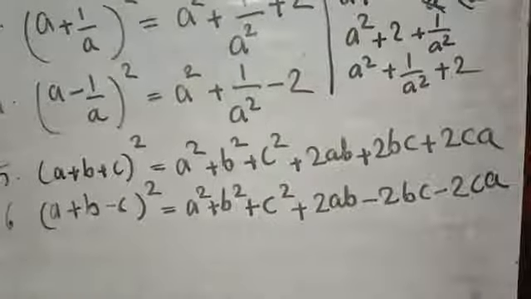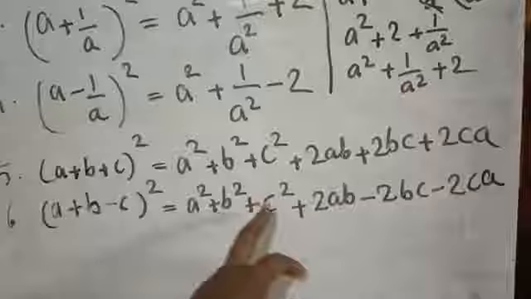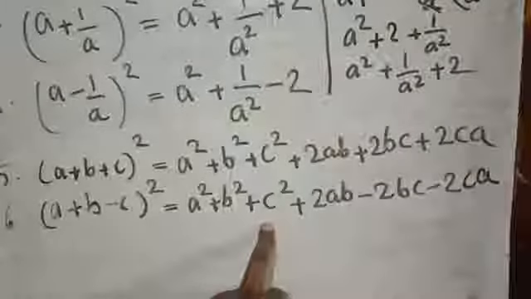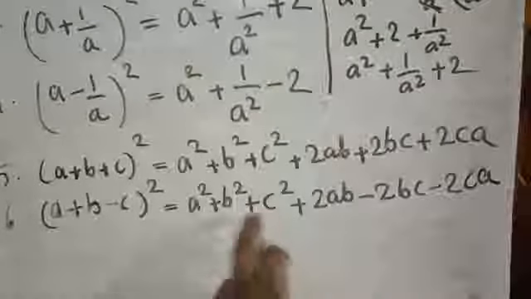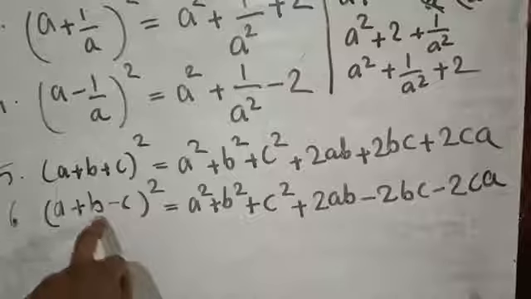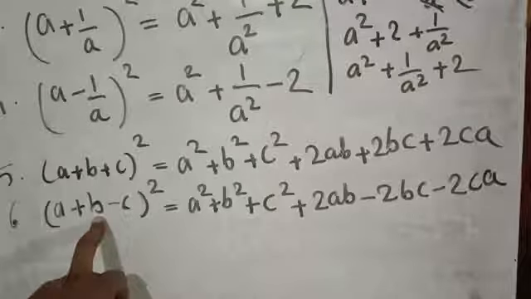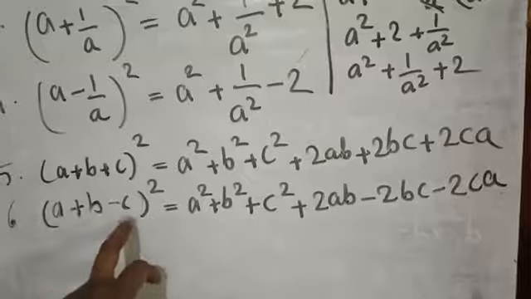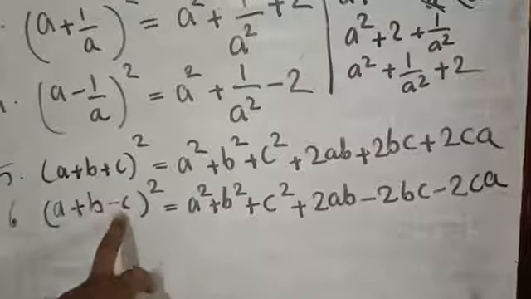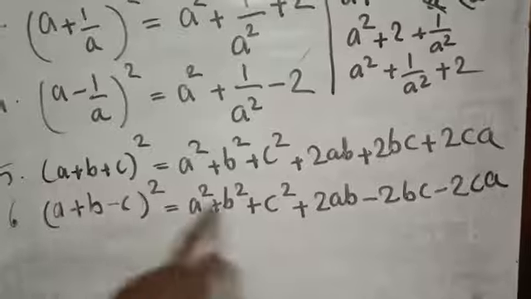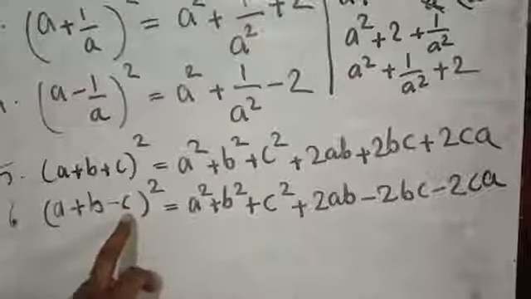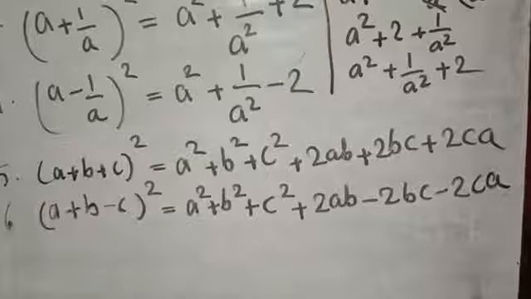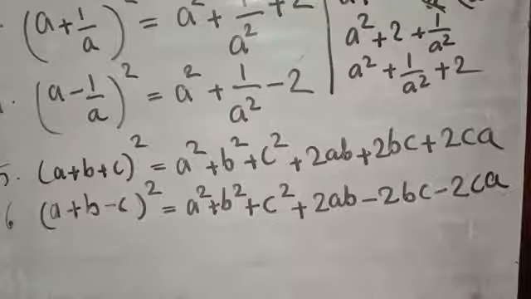Next, a plus b minus c the whole square is a square plus b square plus c square, because negative c into negative c is positive c square. Then 2ab for the first two terms. Then 2 into the second and third terms: one is positive and the other is negative, so the answer is negative 2bc. Then third term into first term, negative c, positive a, so negative 2ca.